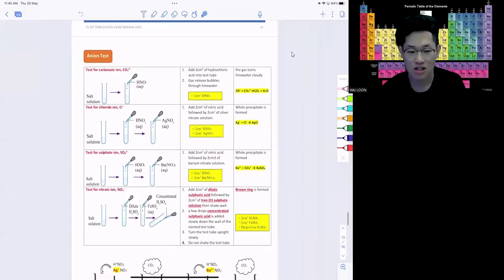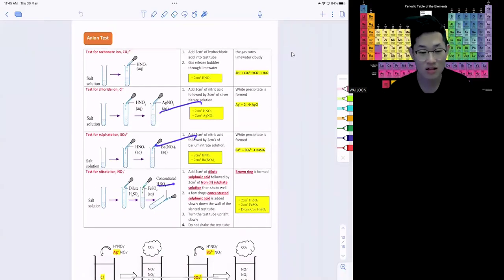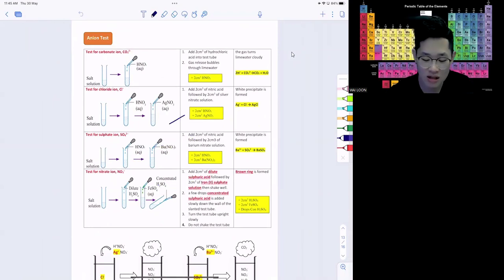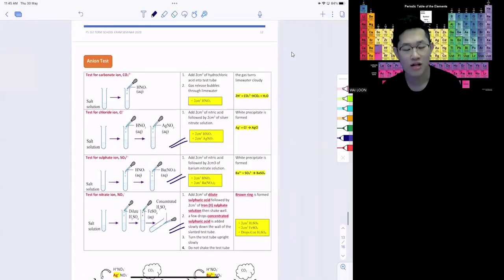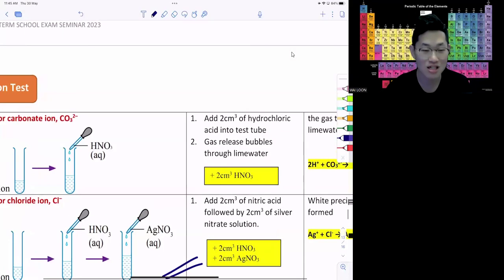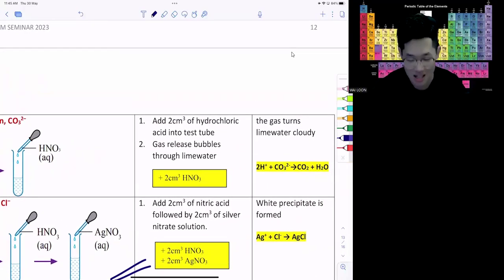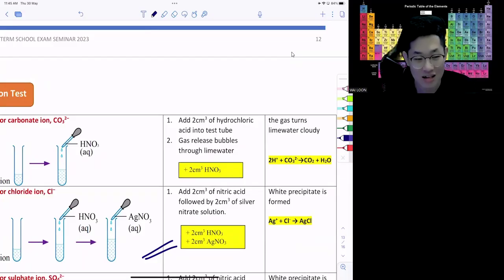Okay? So if you can memorize all, of course, it's the best. If not, these 3 are the popular questions. So first, yeah, have to memorize. Basically, I just tell everything in short. Okay, anion test like that one.